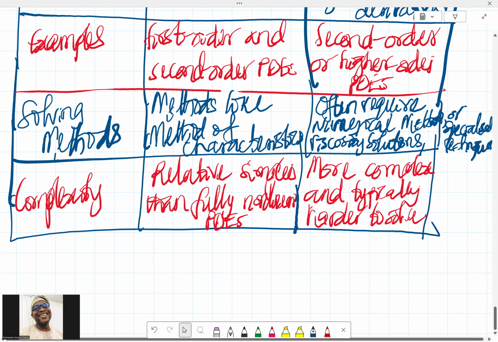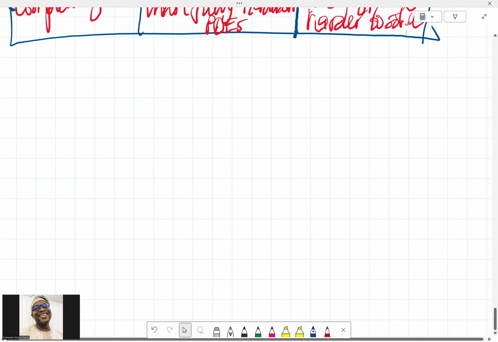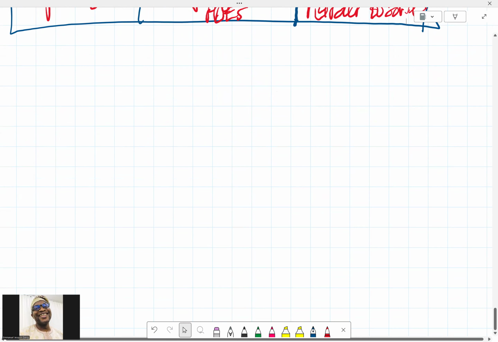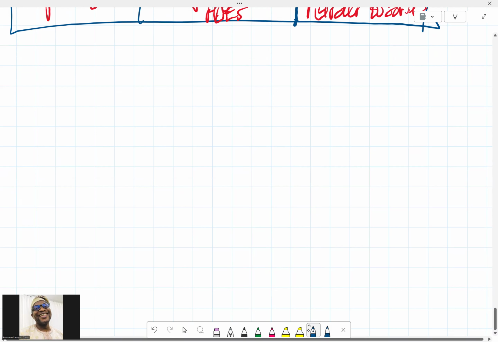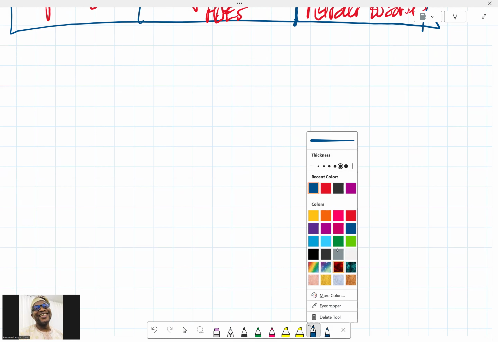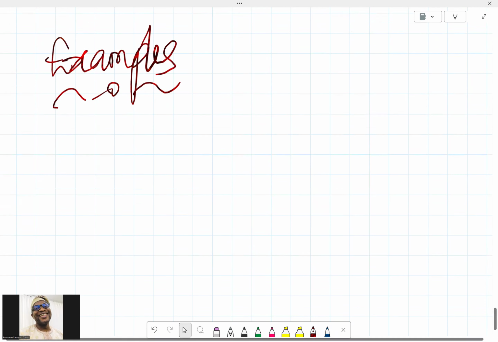Okay. So with that done, can we see some examples? We won't have worked examples here because in the next video I'll be talking about worked examples. So let's talk about examples of both quasi-linear and fully nonlinear.